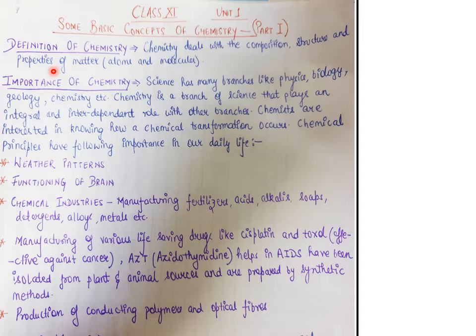So in all, I can now define chemistry properly: chemistry is that branch of science that deals with the composition, structure and properties of matter. Or in other words, chemistry deals with the study of matter.